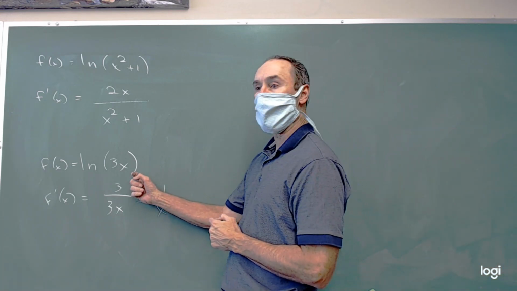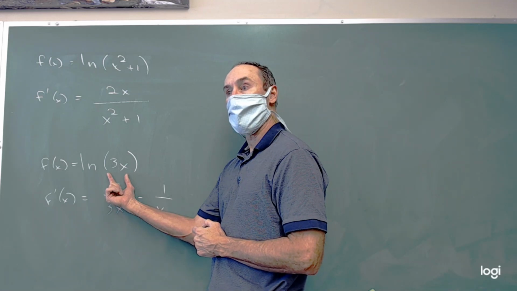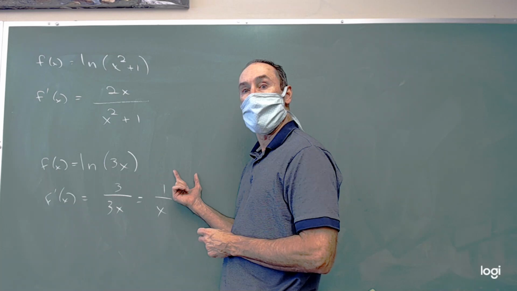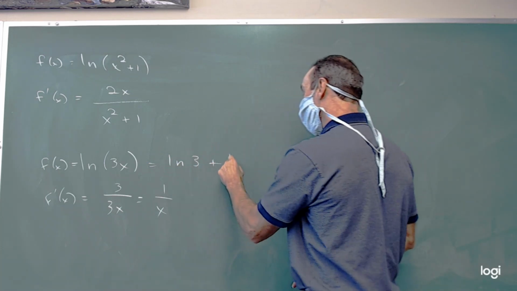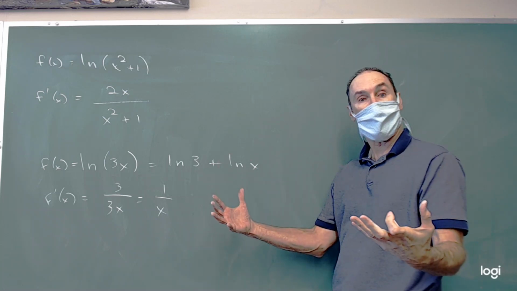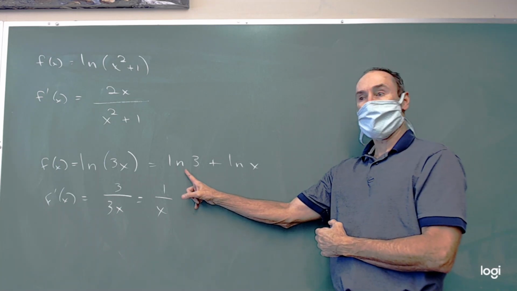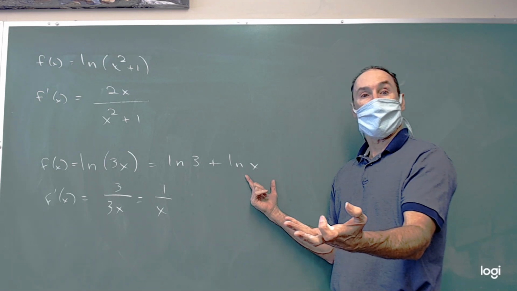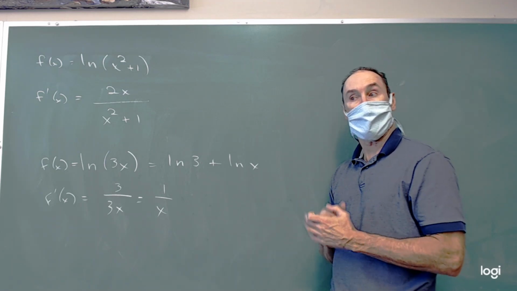Go back to your properties of logarithms. The log of a product is equal to what? Natural log of 3 plus the natural log of x. Remember that? Log of a product is sum of the logs. Now take the derivative. This is just a constant. What's its derivative? 0. The derivative of natural log x is 1 over x. Kind of cool?